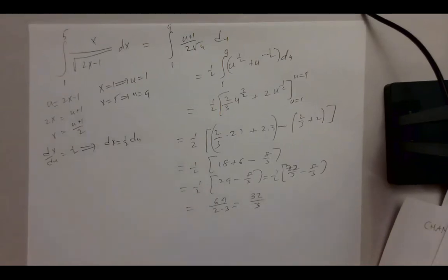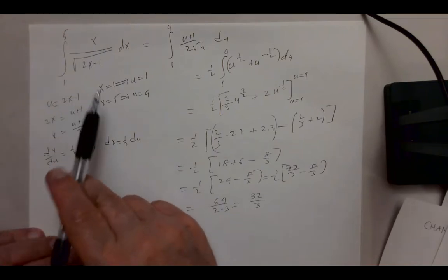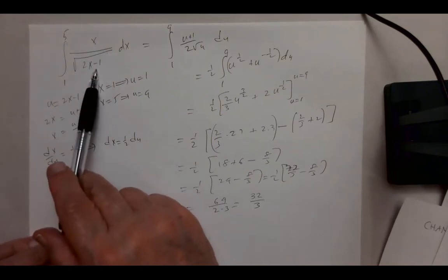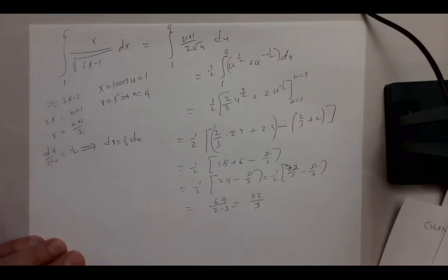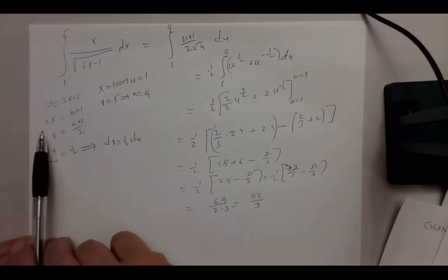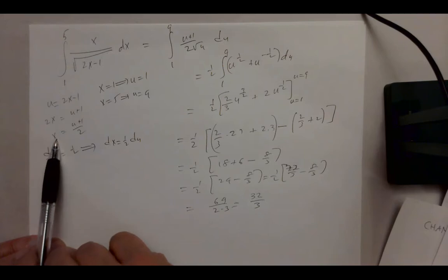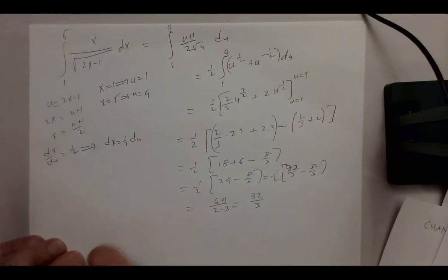Let me just double check to make sure I didn't make too many mistakes. I'm integrating x over the square root of 2x minus 1. I let u be equal to 2x minus 1, so x is (u plus 1) over 2.